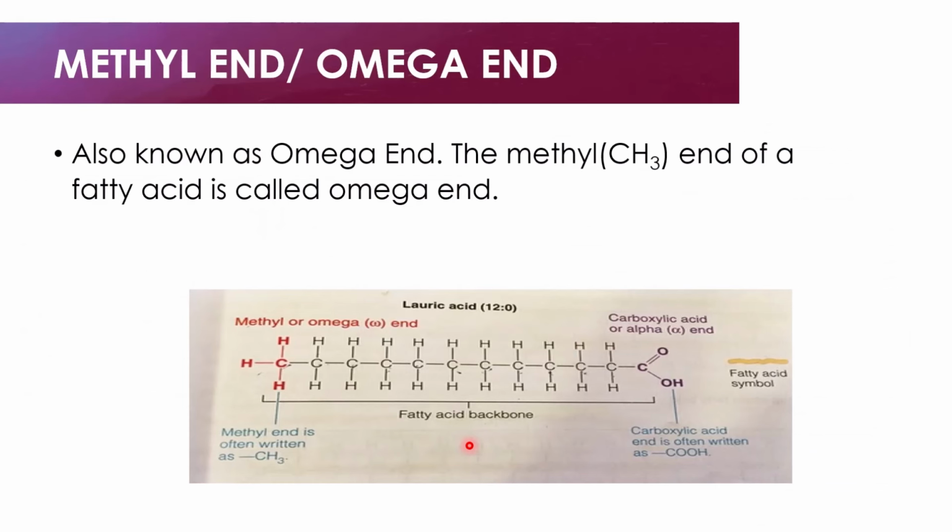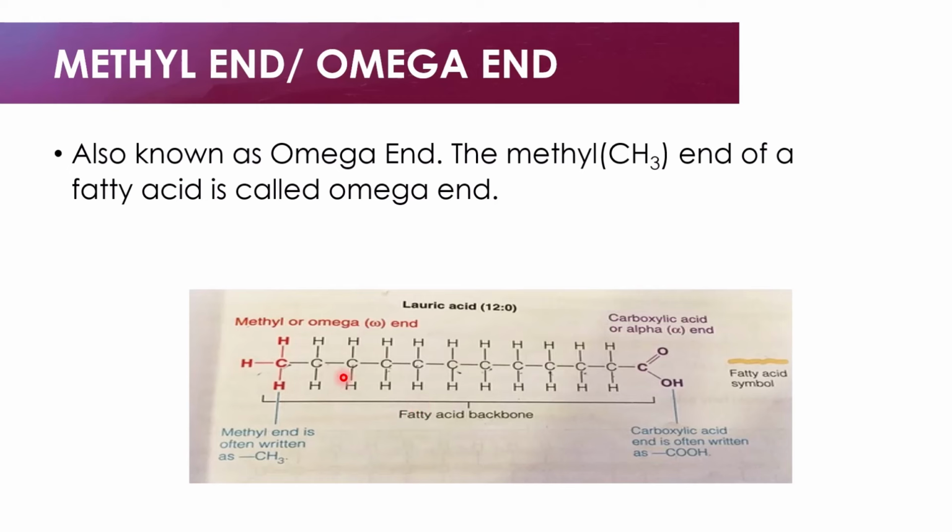So now let us look at the methyl end or the omega end of a fatty acid. The methyl end of a fatty acid is called the omega end. So this is just a molecular structure of a fatty acid.